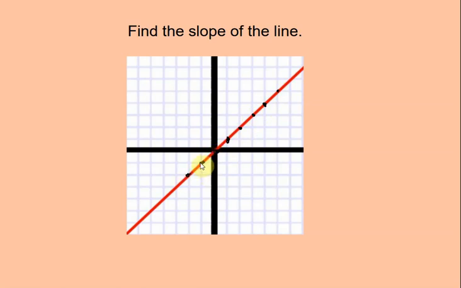So I can travel from any dot to any other dot to find my slope. Let's just go from this dot to this dot. All right, so if I do that, I'm going to go 1, 2, 3 up, or I rose 3.